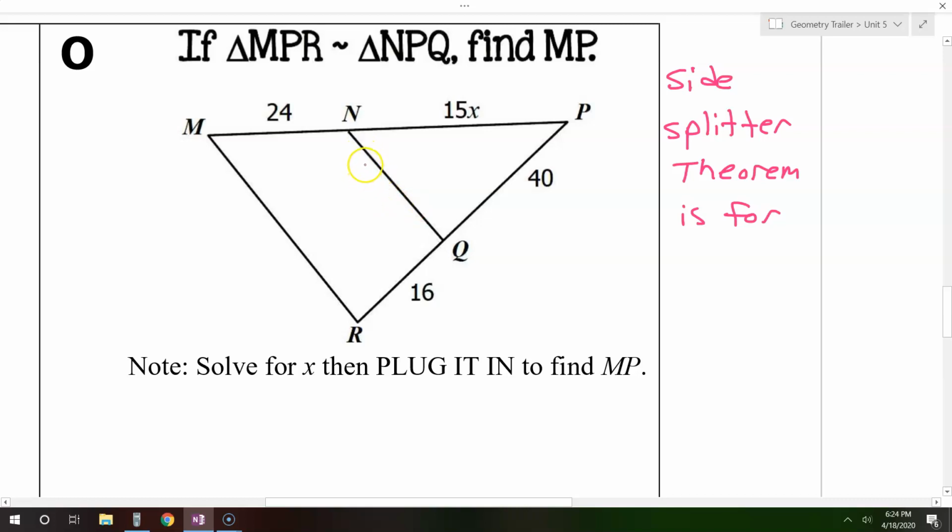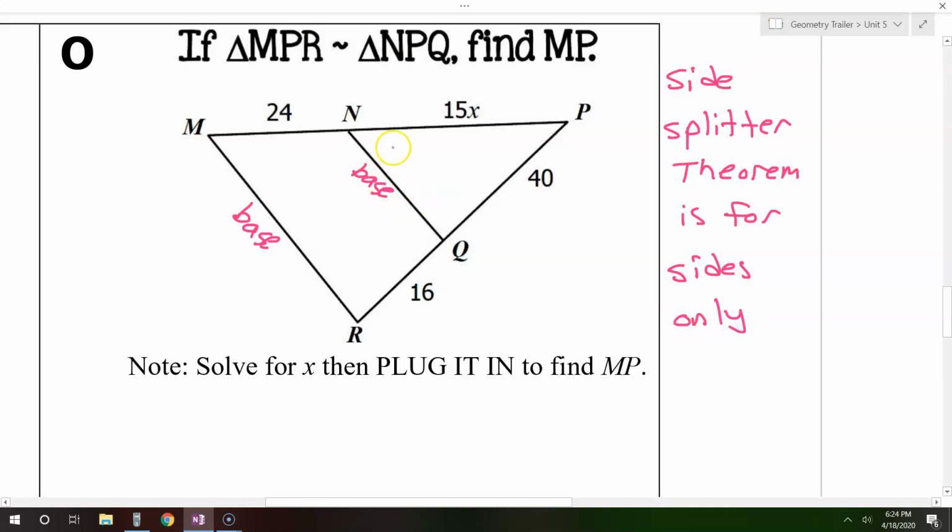In a way, I'm looking at this as the base of the small triangle, and I'm tilting my head a little bit sideways, and I'm seeing this as the base of the large triangle. And notice how we're not dealing with either of those. It's all about the sides. It is for sides only.